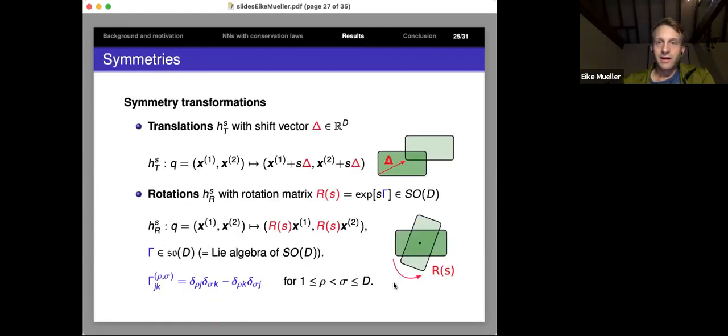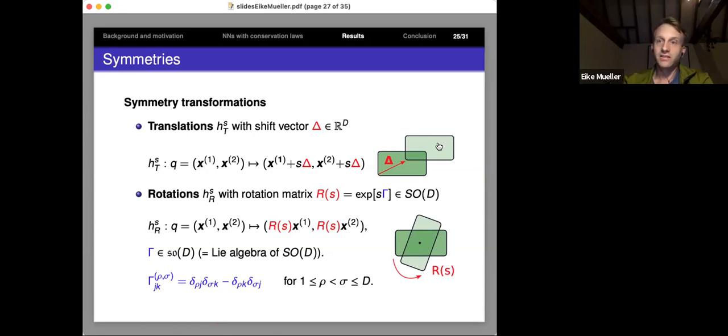I can now look at the symmetry properties of the system. Because the potential only depends on the distance between the two particles, the whole system is invariant under translations. If I shift the positions by the same vector, the physics doesn't change. That's the first symmetry of the system. But there's another symmetry, because the force between the two particles only acts in the radial direction.